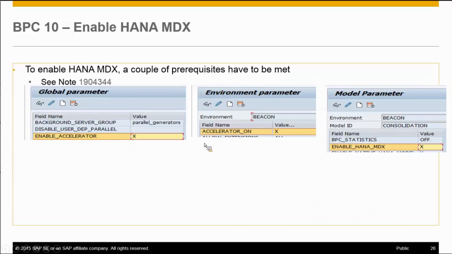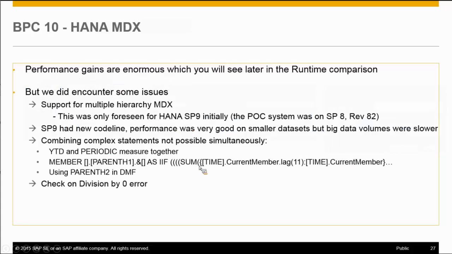Then per environment, you have to put the accelerator on, and then per model, you have to set the enable HANA MDX parameter to X. Once you do that, the column views get created on the HANA side, and reports will be accelerated. We will see later on in the graphs and the Excel file that I've used to keep up the runtimes that the performance gains are pretty impressive.